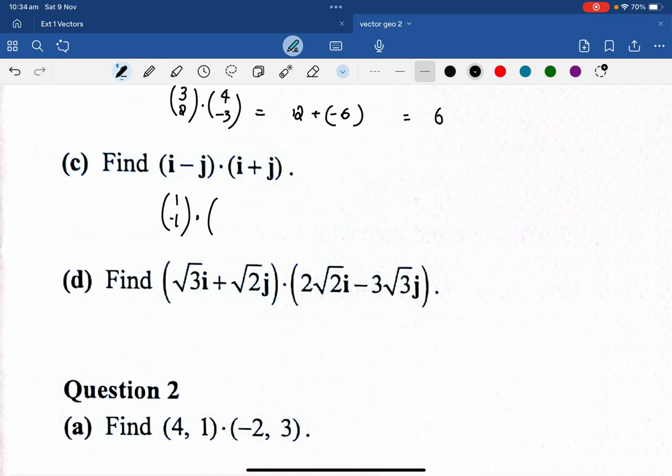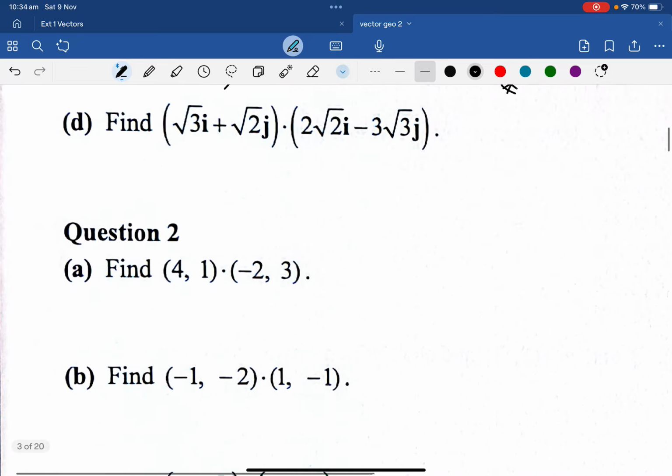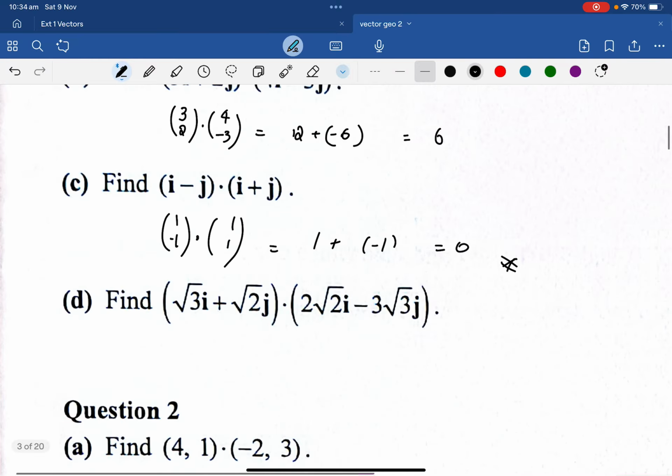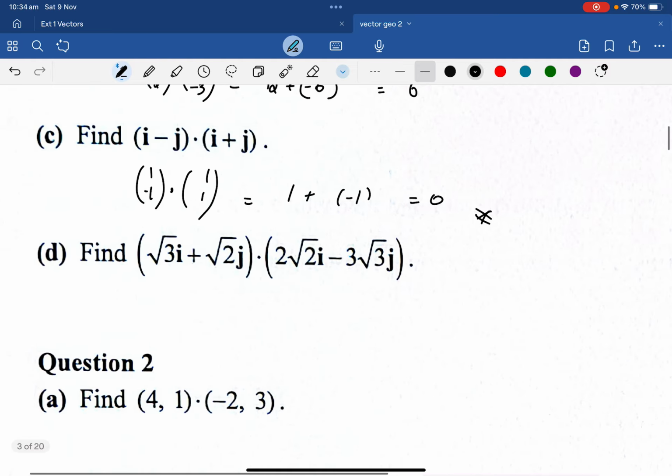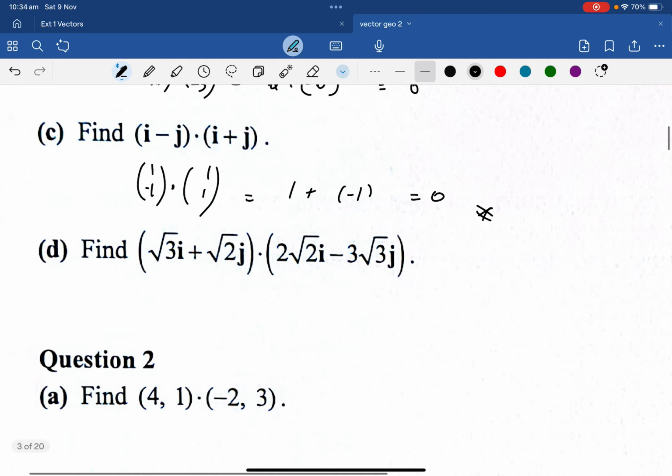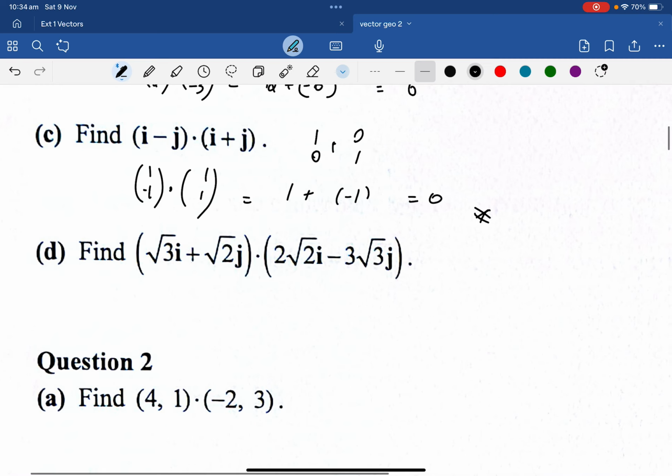Let me see if I get it right. 1, 1. That's 1 plus minus 1, which is equal to 0. Okay, well, that works out, because I was confused whether it was going to be a 1 or a 0. But yeah, that makes more sense, because remember how i is 1, 0 and j is 0, 1. So that's just equal to 1, 1 then. But because it's a negative here, we have that negative sign there.